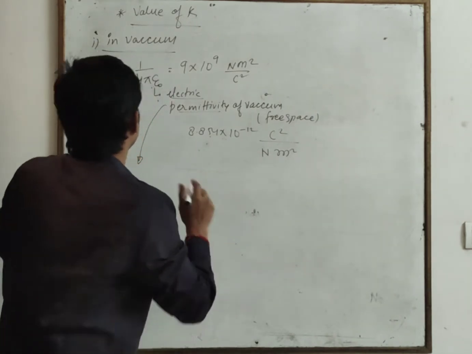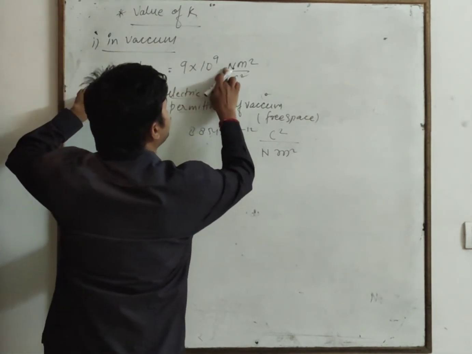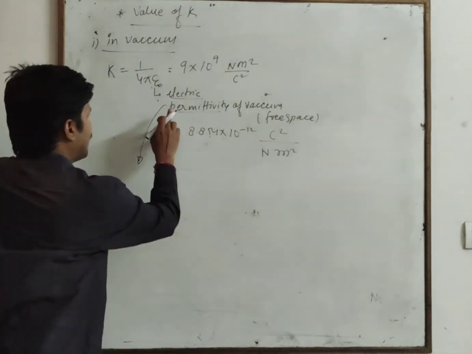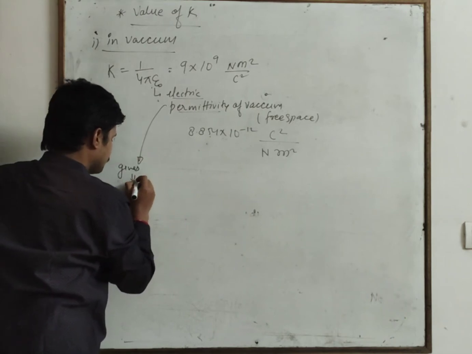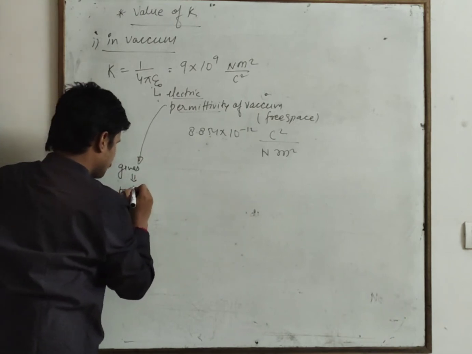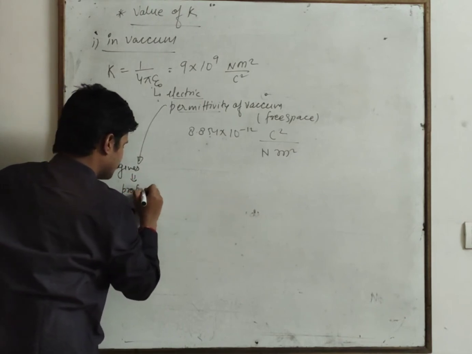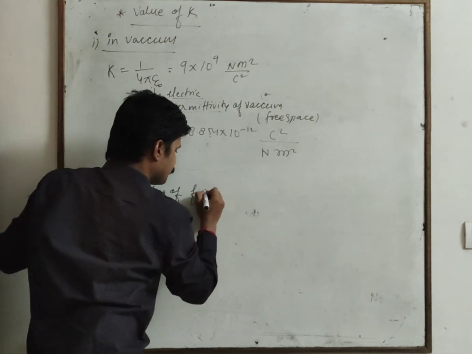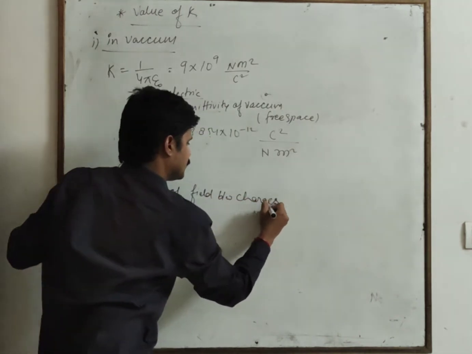Understand? Then the value of K in vacuum is 9 into 10 raised to power 9 Newton meter square upon Coulomb square. And electric permittivity gives properties of field between charges.